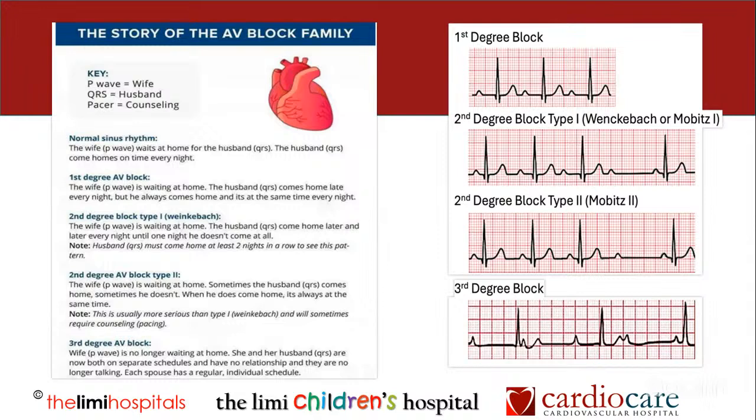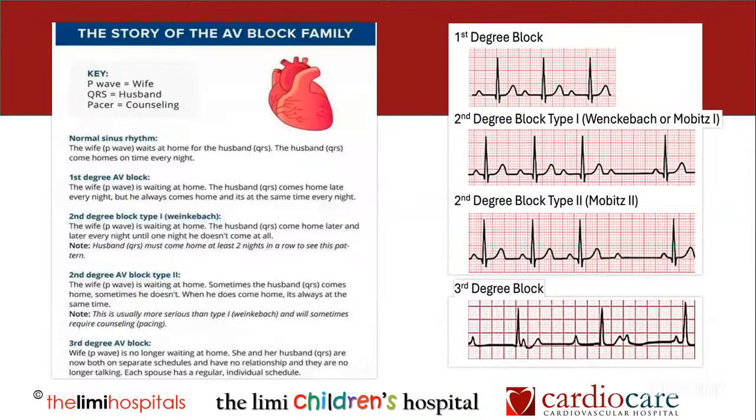And by the time you get to the third degree, there's total chaos. The relationship has totally broken down. The wife is on her own, the P wave is doing its own thing, and the QRS is doing its own. There's no relationship between the two, and everybody has gone their own way. So that is what the AV block looks like on the ECG.